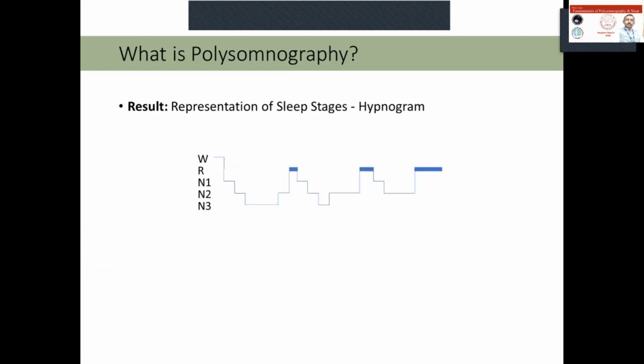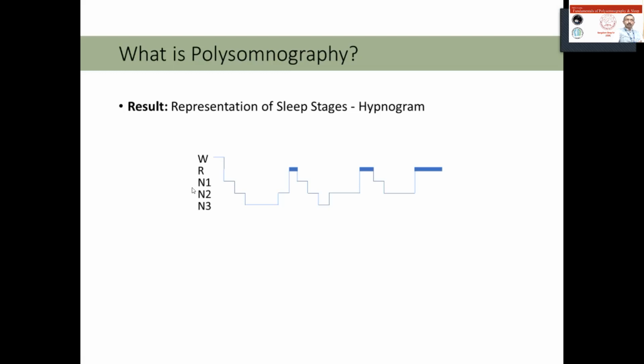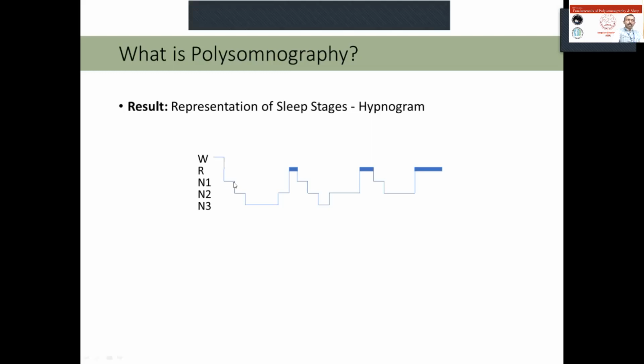And from such a measurement, one of the key aspects that we take is to identify the sleep stage. And sleep stages are plotted again as a time series. But here, for every 30 seconds, we identify what the stage is. And across minutes or hours, we'll get this pattern. And this pattern is called a hypnogram.